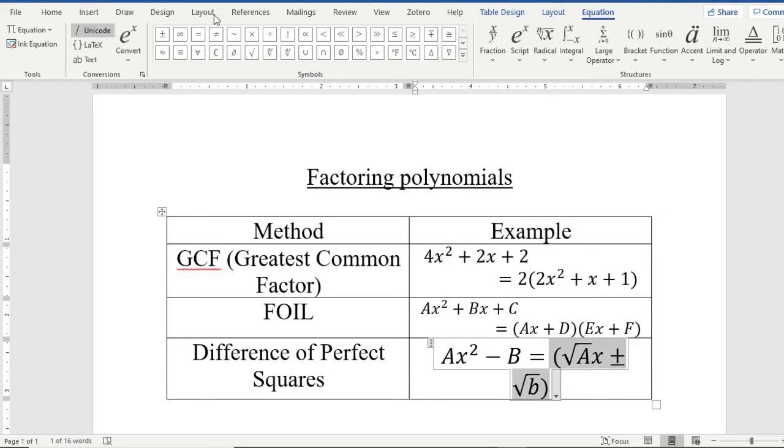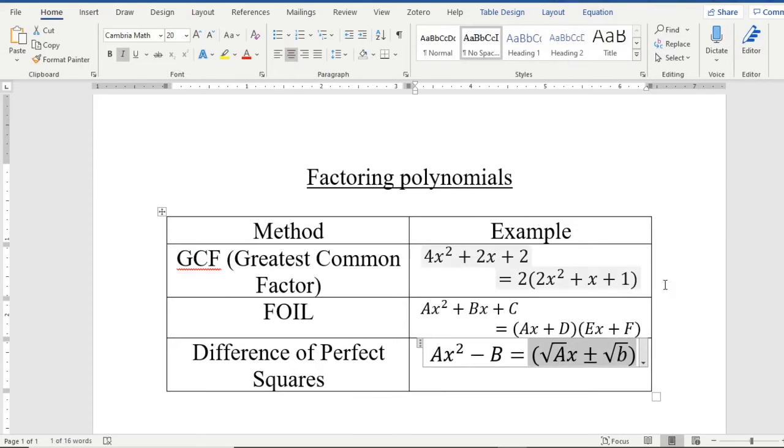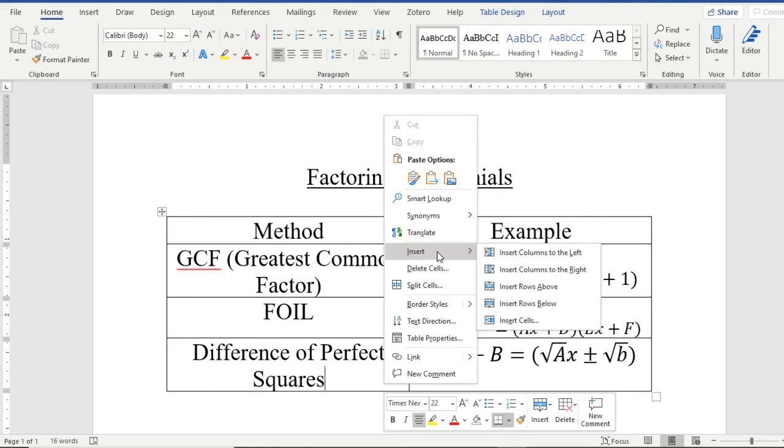Okay, so those are the three main ones for quadratics at least. There are other ones that go into cubic functions and higher, but for now we're just going to focus on quadratics. I'm also going to add in the quadratic formula because that is another way of factoring.